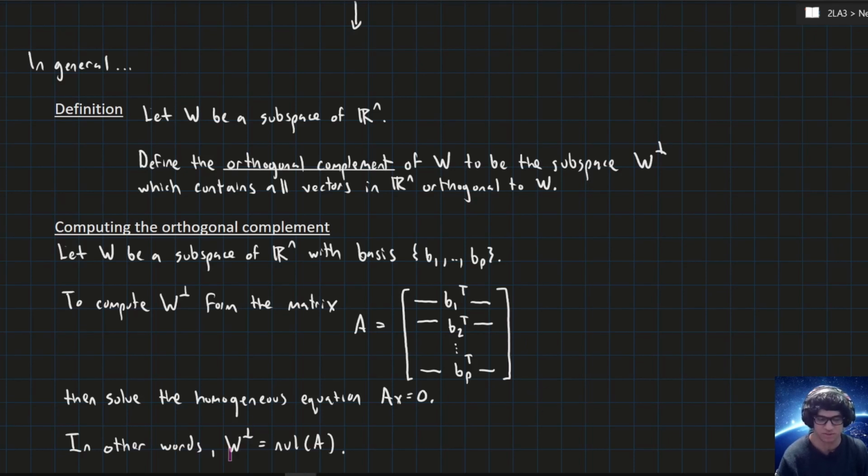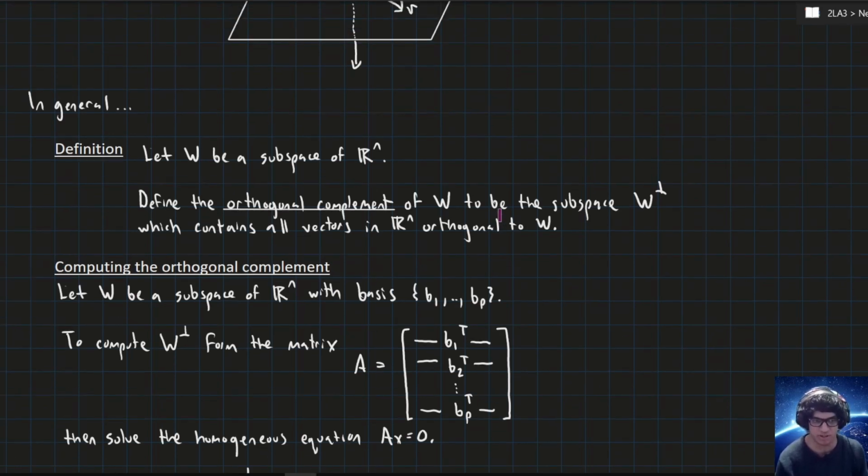And notice this statement also proves that W perpendicular is in fact a subspace, because the null space of a matrix is always a subspace. Okay, so this is the exact method we used to compute H perpendicular in our example.